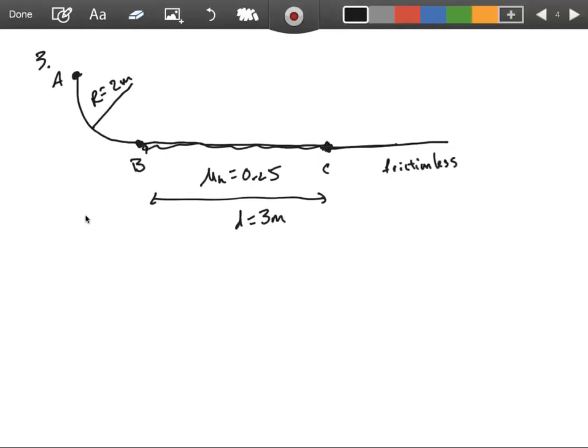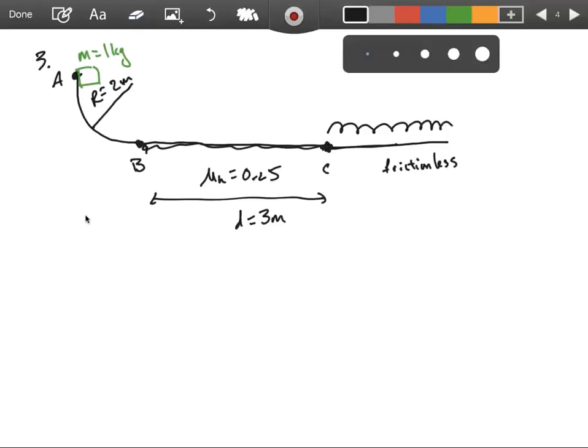But then there's a spring at C, which goes the rest of the way. So what I'm going to do is take a mass. Here's my mass, m, where m is equal to 1 kilogram, and let that guy slide down until eventually it's going to compress the spring.